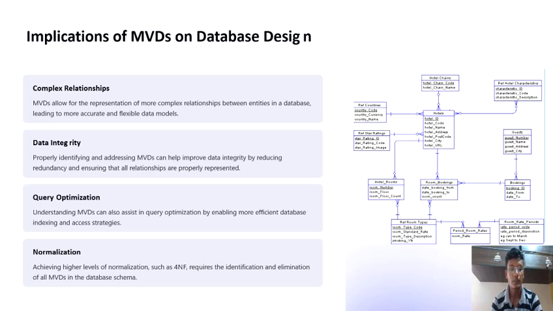Data integrity: proper identification and addressing of MVDs can help in improving data integrity by reducing redundancy and ensuring all the relationships are respected. Query optimization: understanding MVDs can also assist in query optimization by enabling more efficient database indexing and access strategies. Normalization: achieving a higher level of normalization such as 4NF requires the identification and elimination of all the MVDs in a database scheme. This is the implementation of MVDs in database design.